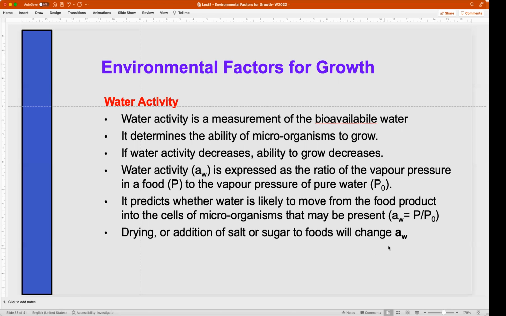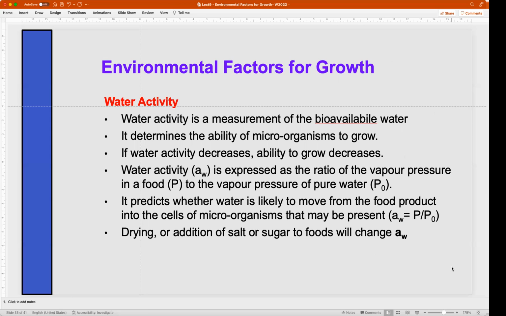It tells you if water is going to move into the food or out of the food. It predicts whether water is likely to move from the food product into the cells of the microorganisms that might be present.